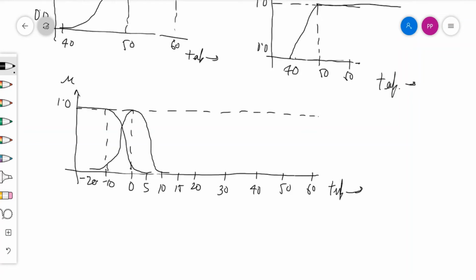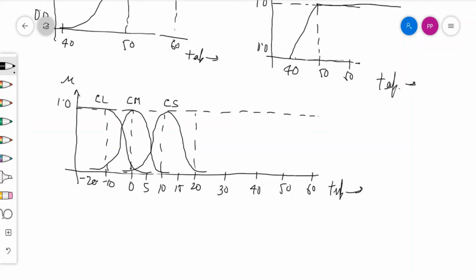If you write like this, so cold medium, then from 0 to 20 we have cold small. Then from 5 to 30 we have a combination of different shapes.